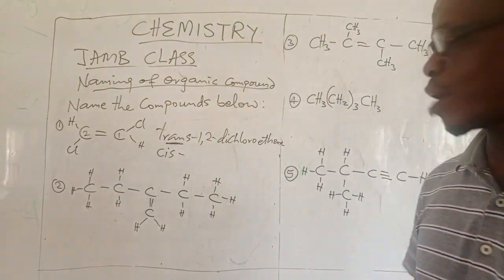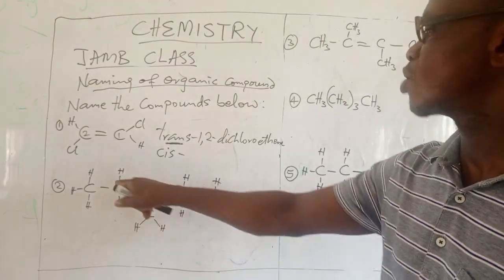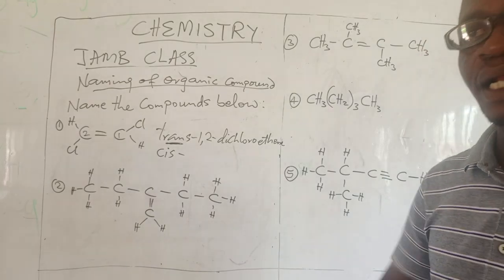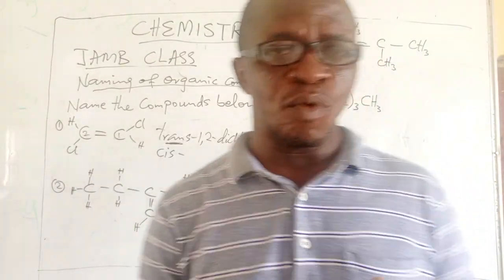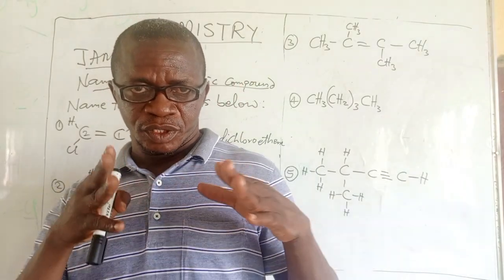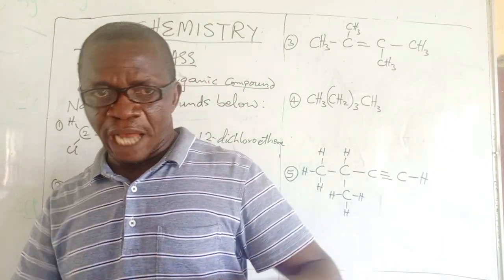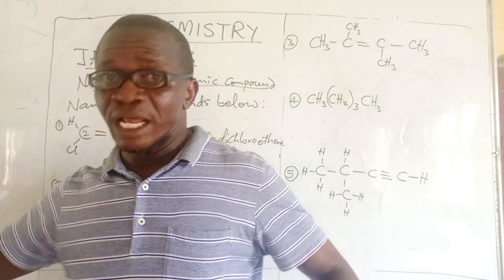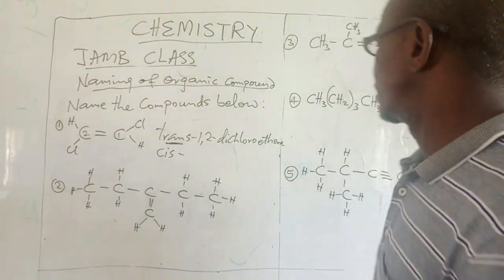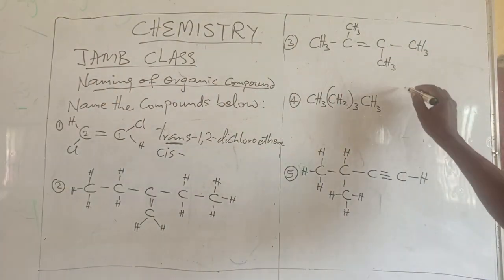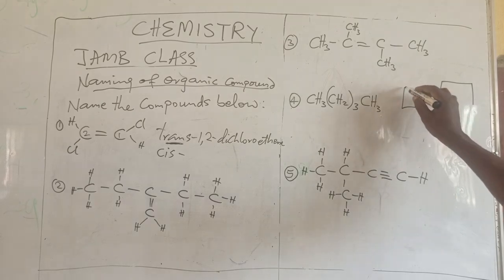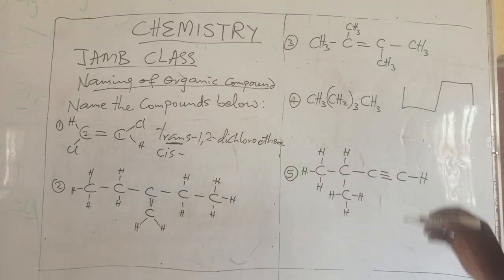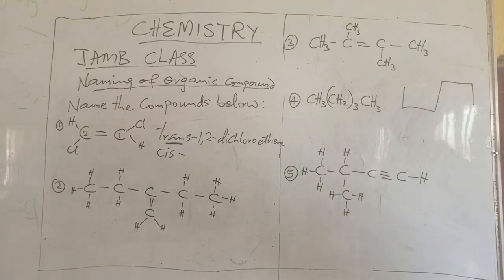If you do that, you are wrong, because the double bond is not in that line. So count it in a way that the double bond is situated along the chain, the longest chain. Irrespective of whether it is going this way, as long as you are starting from one end to the other end, you are correct.